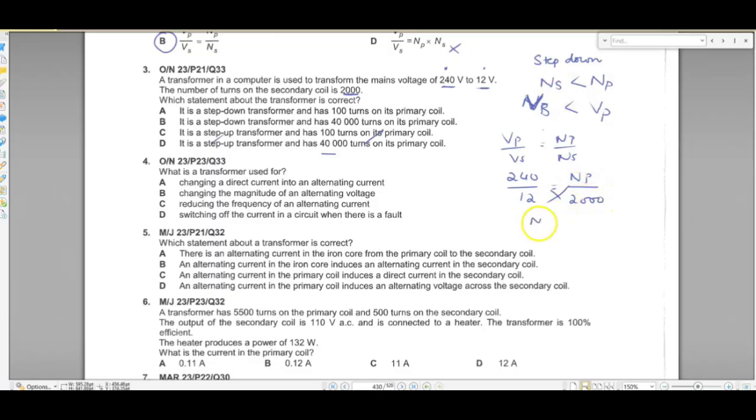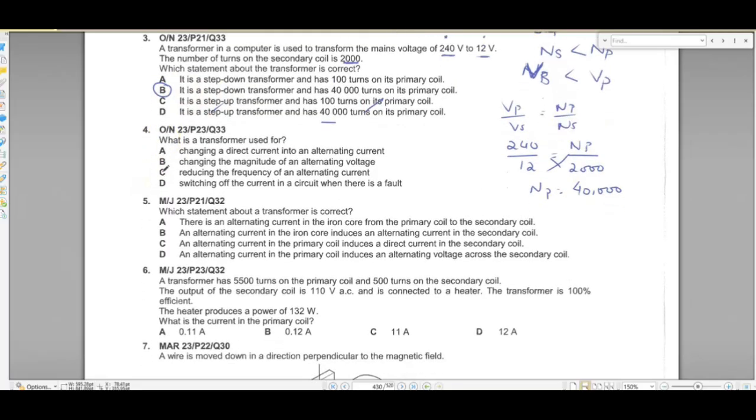We will cross multiply, and the number of turns on the primary coil are going to be equal to 40,000 turns. So it means that B is our correct answer. First we establish whether it's a step down transformer or step up transformer, and then we find the number of turns with this formula.